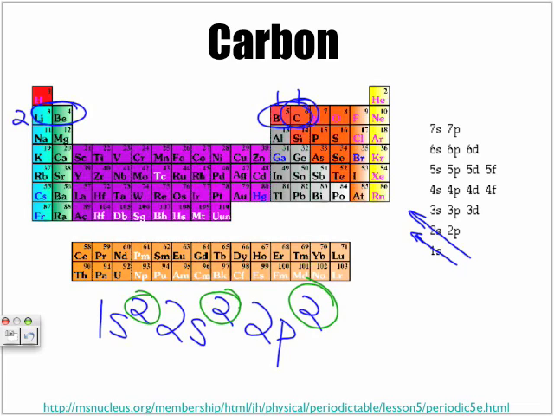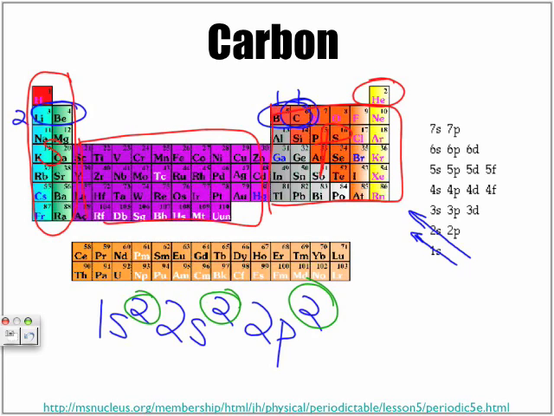So make sure that you're able to break down that this is your S, and this includes this S. This is our P, this here is our D, and down here is our F. So we are occupying the 1s with 2 electrons.